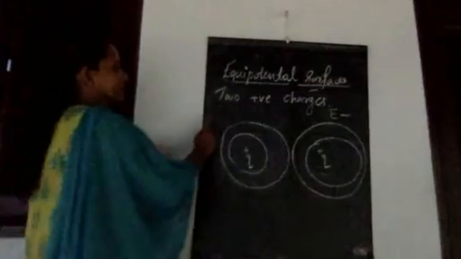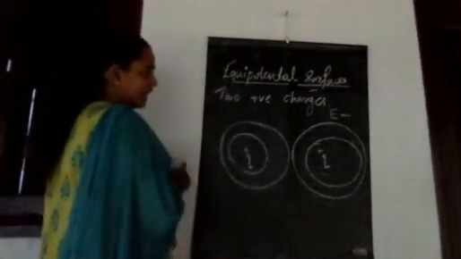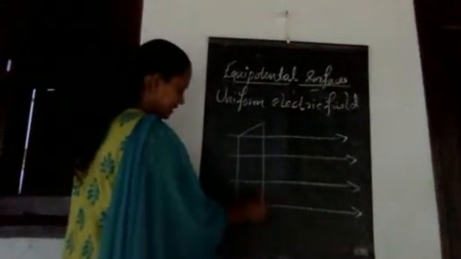This is for a system of two positive charges. Then how can you draw the equipotential surfaces for a uniform electric field? Uniform electric field means we are representing the electric field with the help of parallel straight lines. So the equipotential surface is a plane like this.